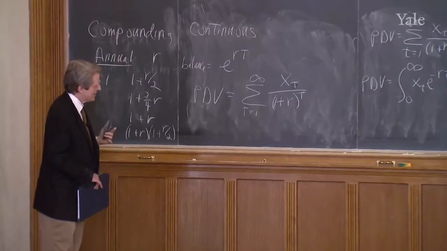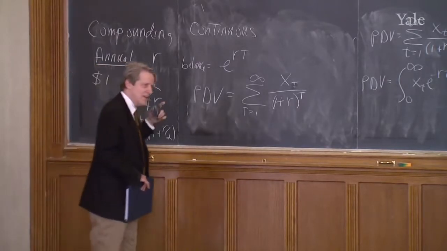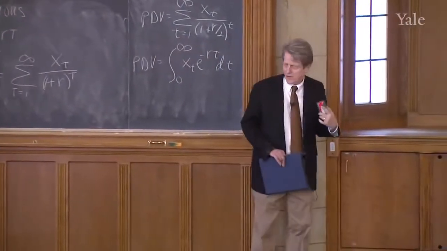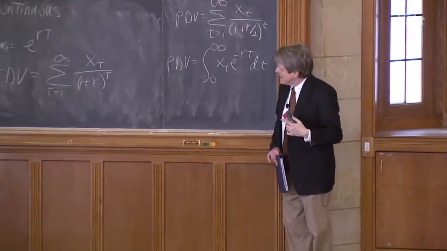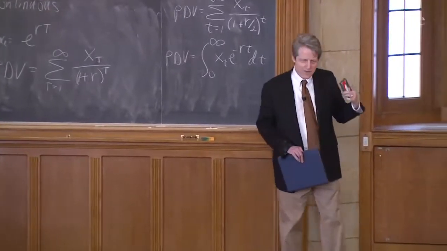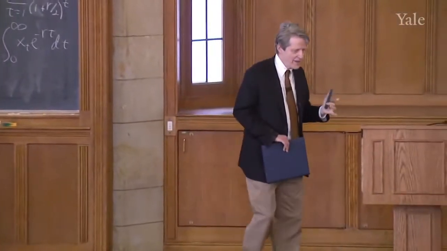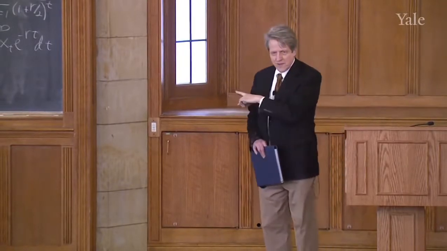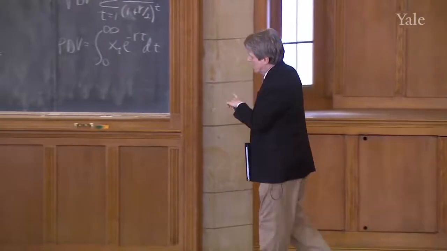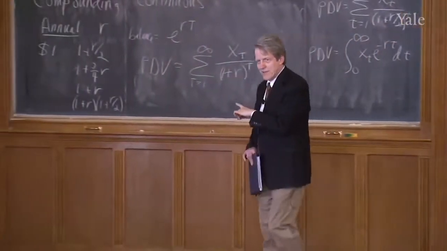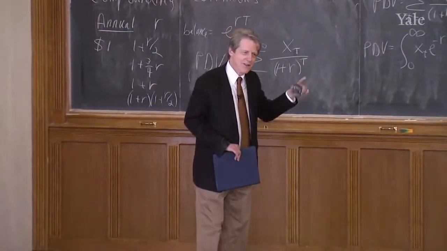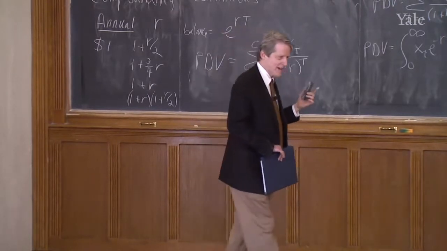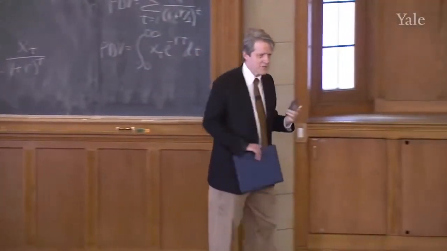That's true generally: anything in the future is worth less. So present discounted value is one of the most fundamental concepts in finance. Whenever someone is offering me a payment stream in the future, you discount it to the present using these formulas. For example, if you are lending to your friend to buy a house and the person is promising to pay you over the years, then you have to figure out what that payment is worth right now, and you would take the present value of it.